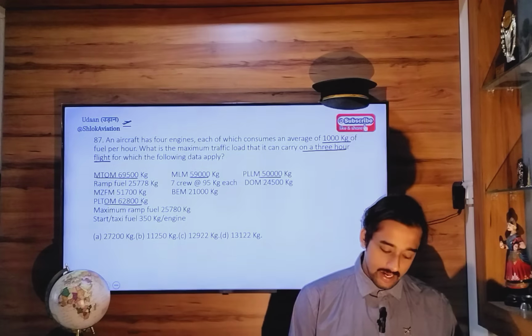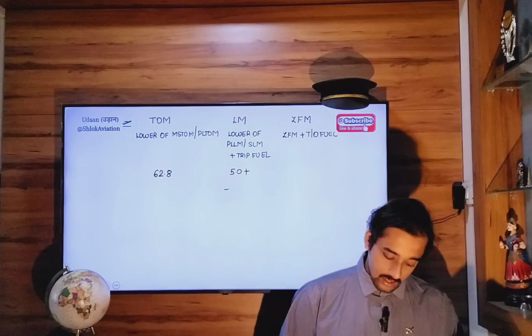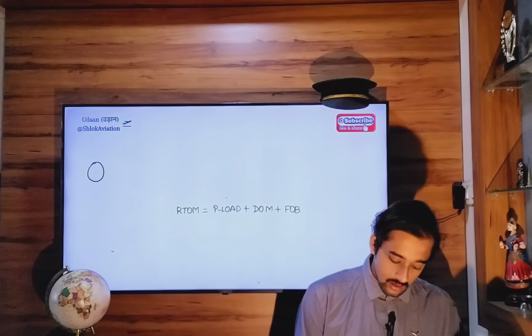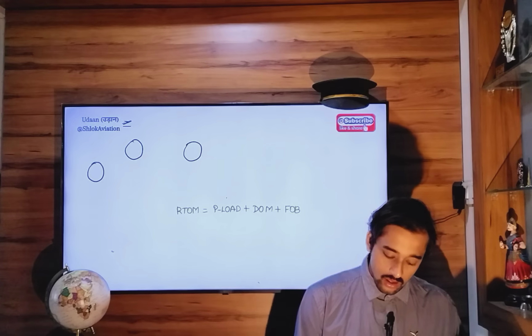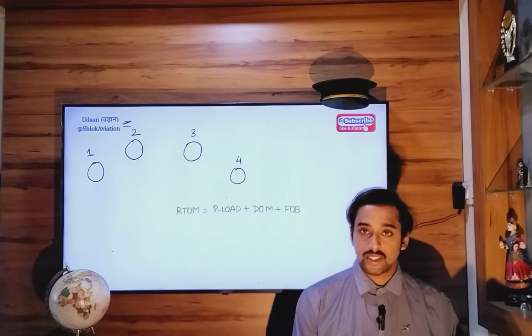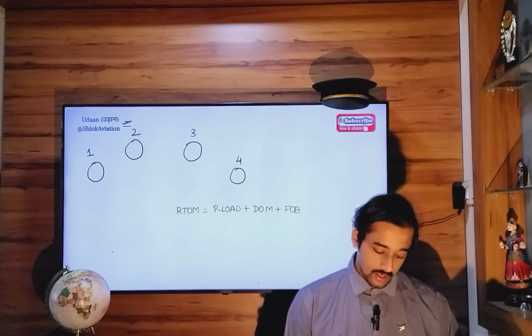not given to you directly, but they have told us that there are 4 engines on this aircraft. Engine number 1, engine number 2, engine number 3, engine number 4. You always start from the left, okay?